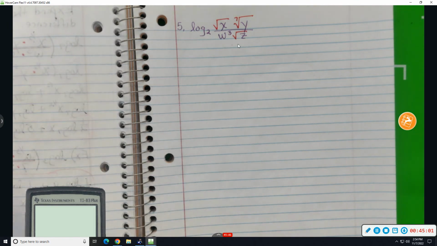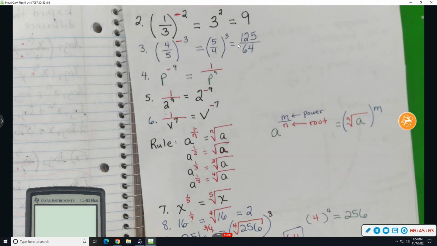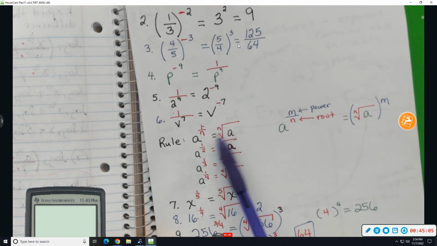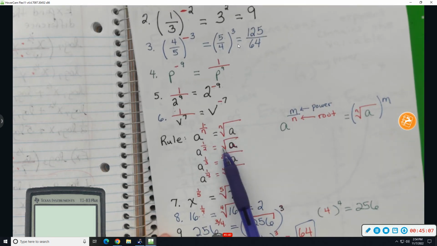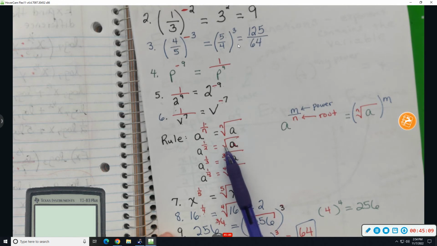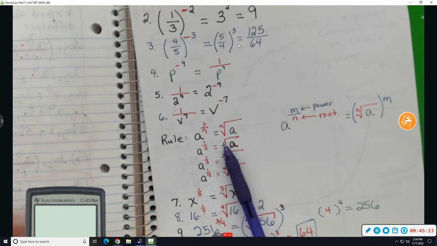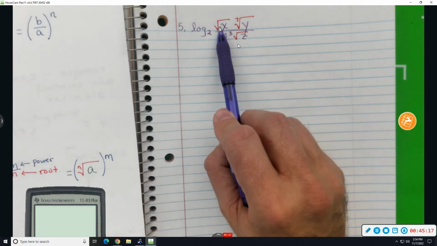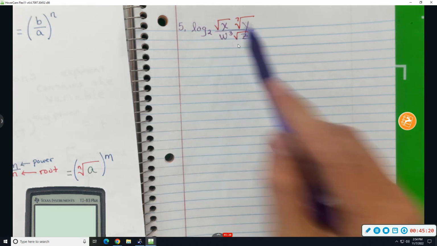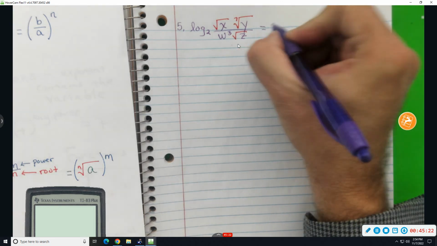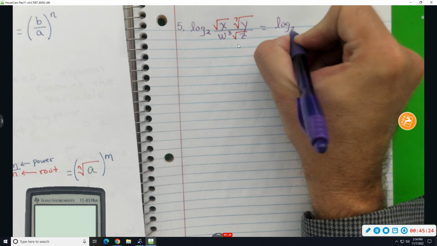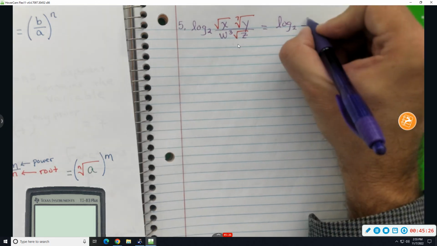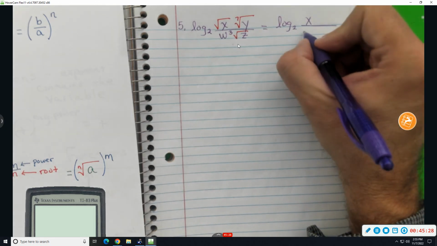But remember, a week ago, we looked at how you take these radical signs and rewrite them. Like a 1/2 exponent is the same thing as a square root. Okay? This red square root and that red square root we can rewrite with a 1/2 exponent.